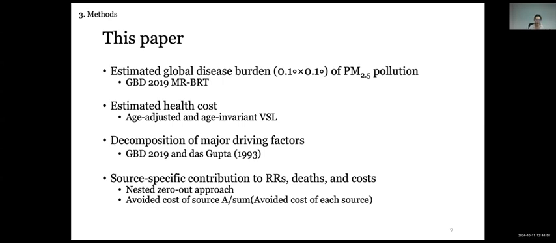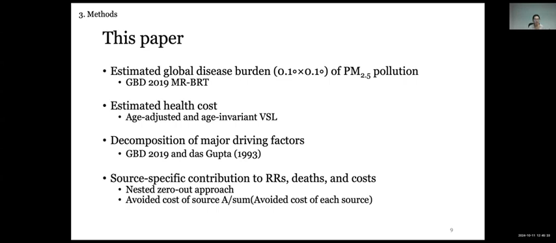In this paper, we basically applied 4 major steps to quantify such health costs. First, we estimated the global disease burden at 0.1 by 0.1 degree, in other words, equivalent to 11 by 11 kilometers at the equator. Then we translated this disease burden into health cost using age-adjusted and age-invariant valuation measures as a sensitivity analysis.